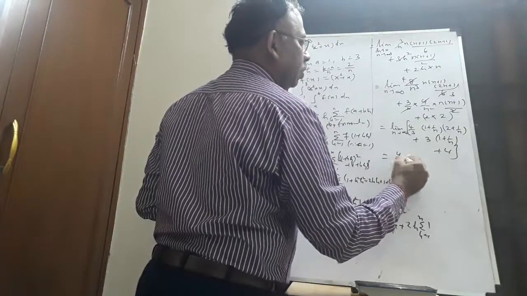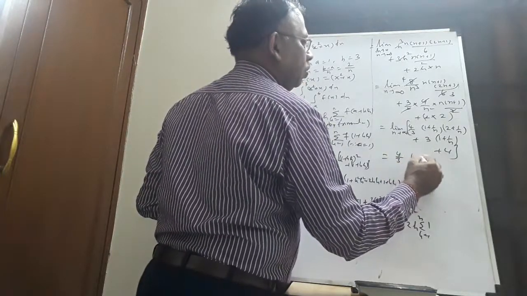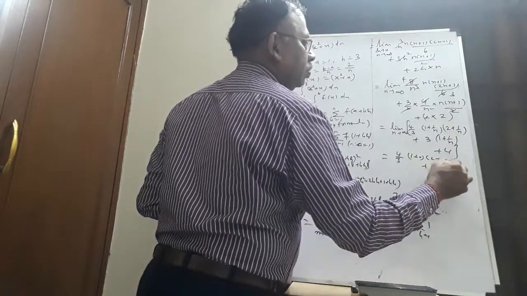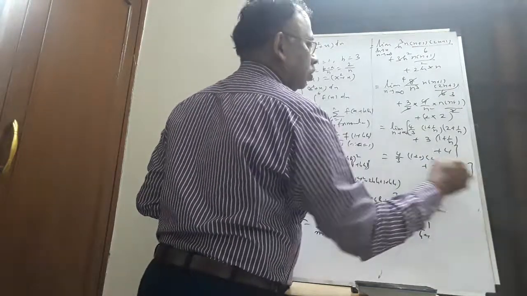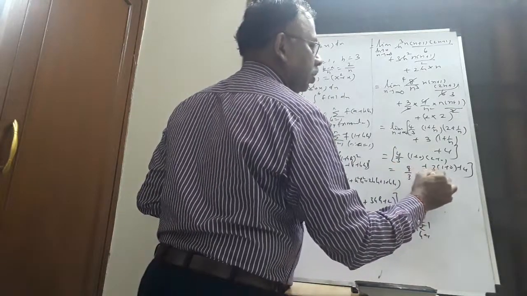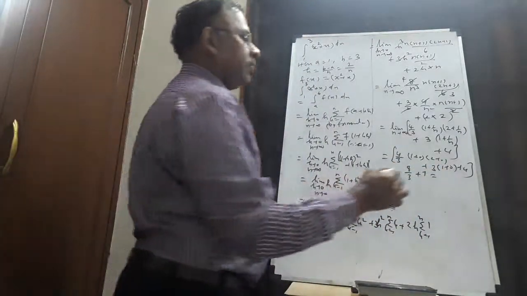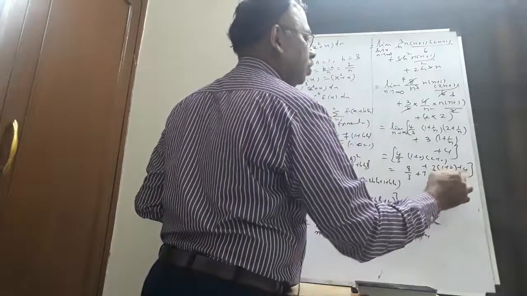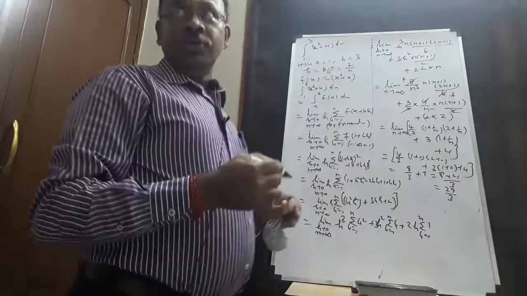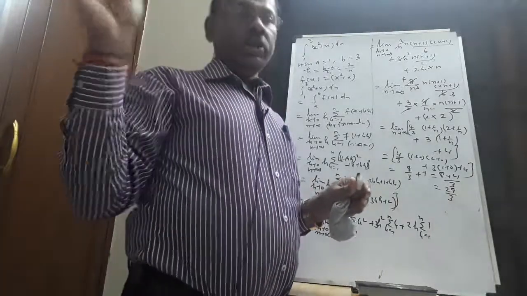Therefore, this is 4 by 3 into (1 plus 0) into (2 plus 0), plus 3 into (1 plus 0), plus 4. Therefore, this is reduced to 8 by 3 plus 7. 7 3's are 21. 8 plus 21 by 3. Therefore, this gets reduced to 29 by 3.